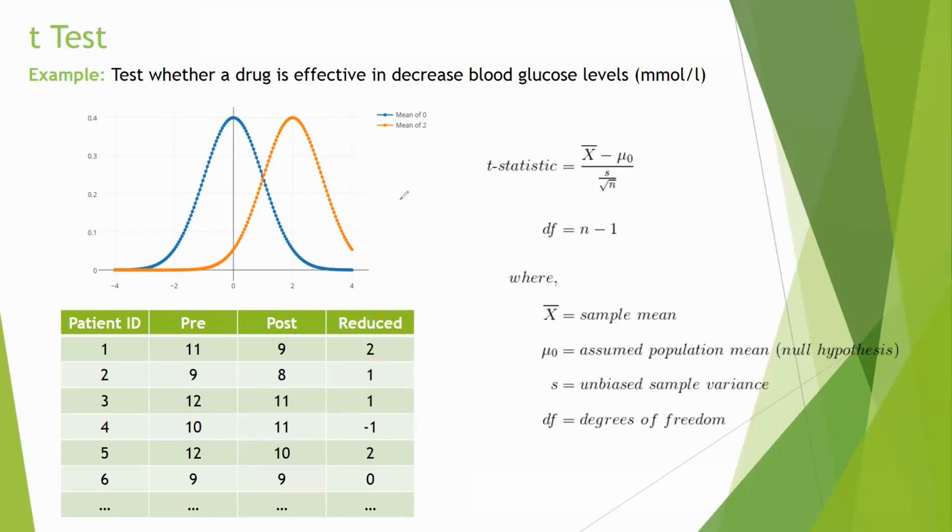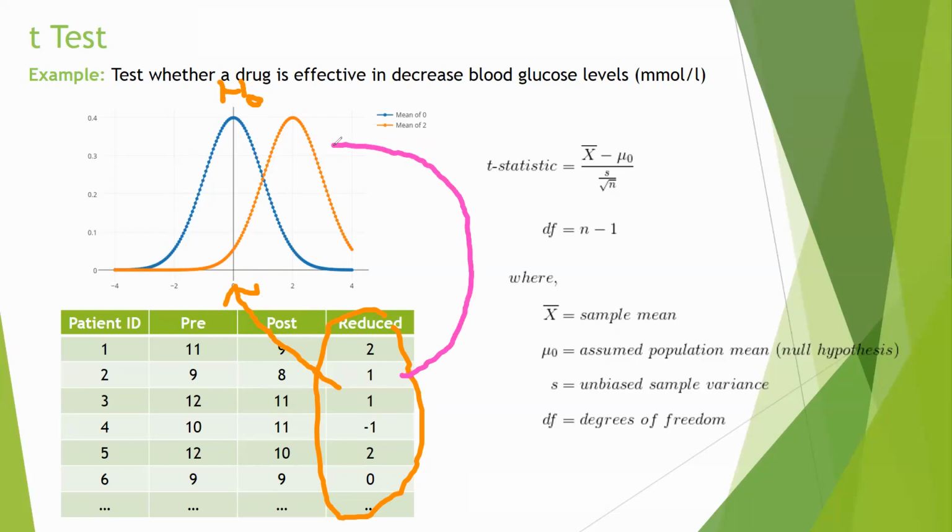Now we're going to test if this data comes from this blue distribution, which is the null distribution. Can you see this? This distribution is surrounding 0. Or we want to test if this data is coming from this other distribution, the alternative distribution.